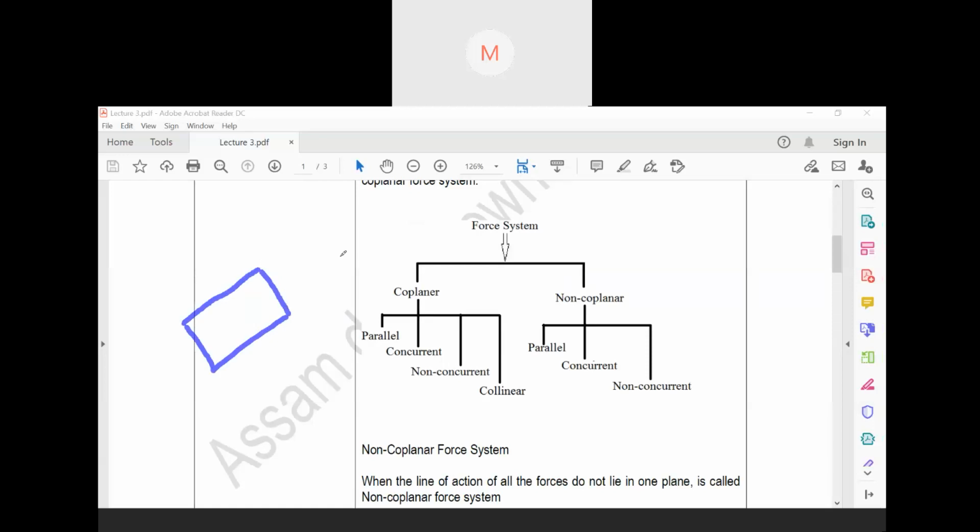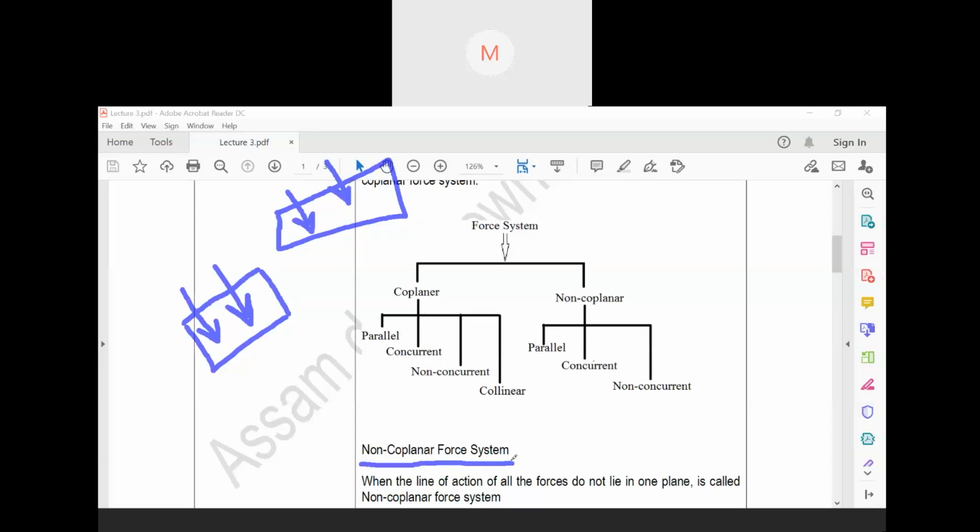Suppose two different surfaces, let us assume. So this is another plane. Now in these two planes the forces are acting. So if the forces are acting in two different planes, then they are called what?